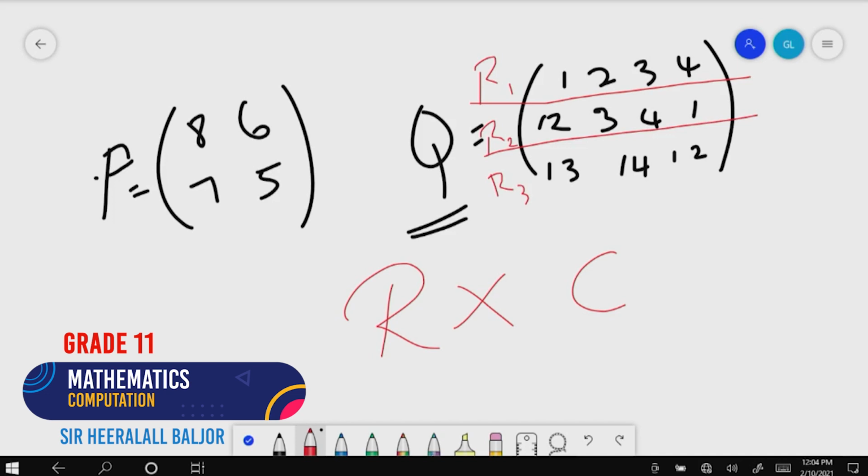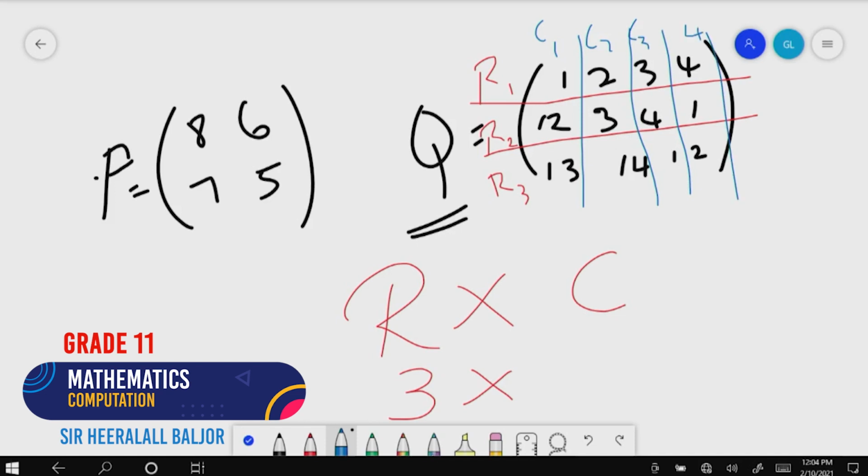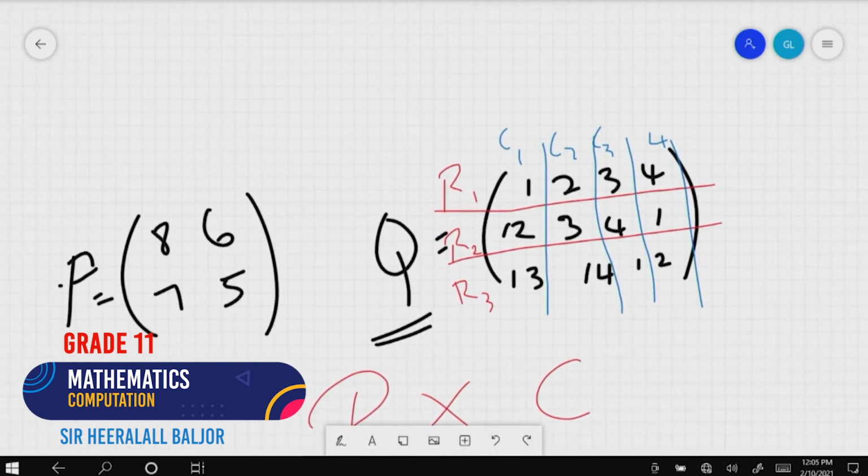So how many rows do we have in this question? We have 3 rows. How many columns do we have in this question? Columns are the vertical standing orders, which would have been C1, C2, C3, C4. So we have how many columns here? We have 4 columns.